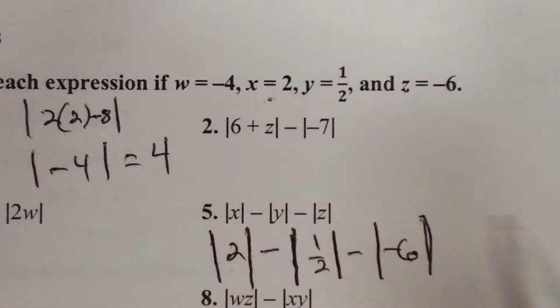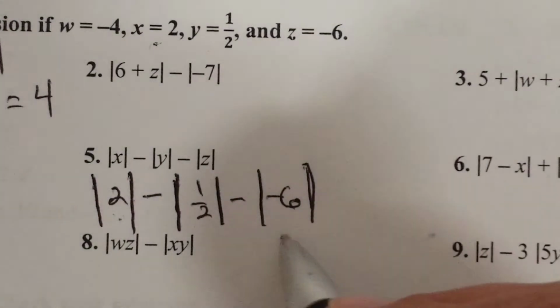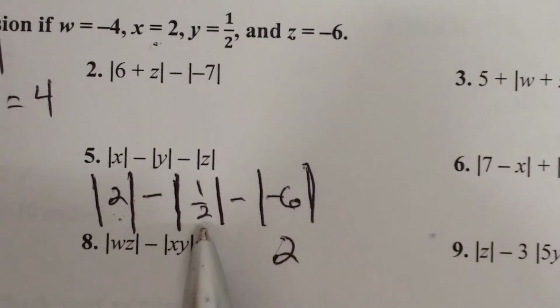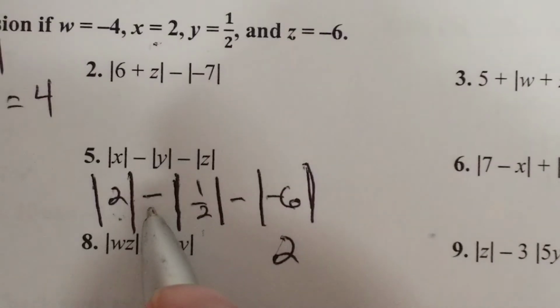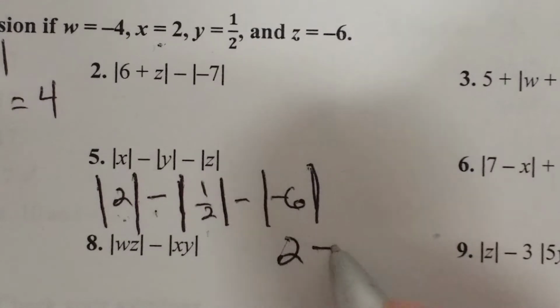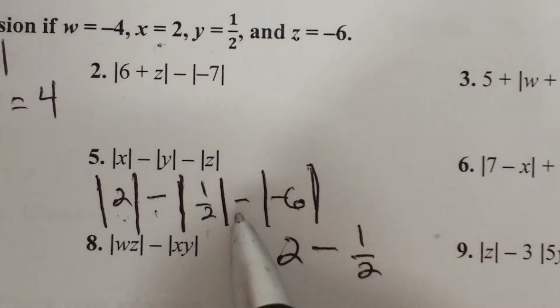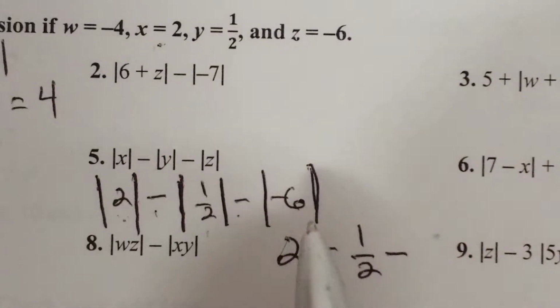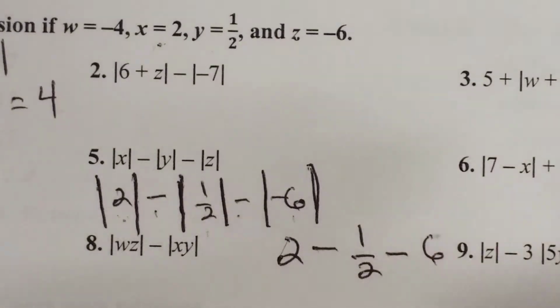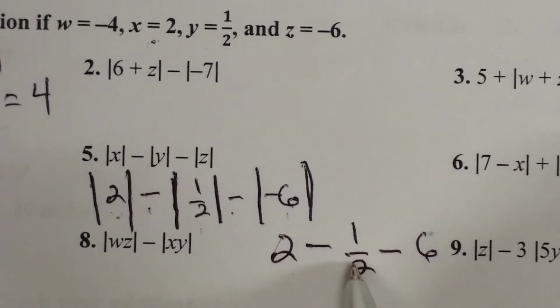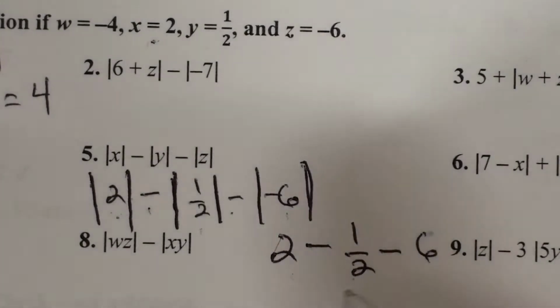Before I can start subtracting, I need to take the absolute value of these numbers. The absolute value of 2 is 2. The absolute value of a half is a half. The minus signs are not inside the absolute value bars, so they stay there. And the absolute value of negative 6 is positive 6. So now I have 2 minus a half minus 6. 2 minus a half is 1.5, and 1.5 minus 6 is negative 4.5.